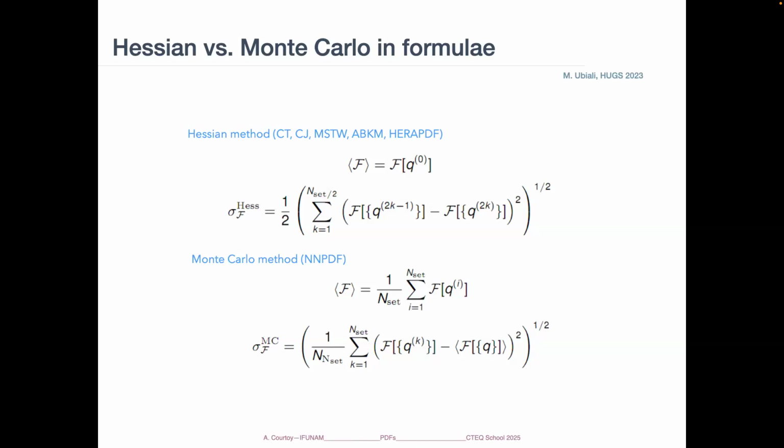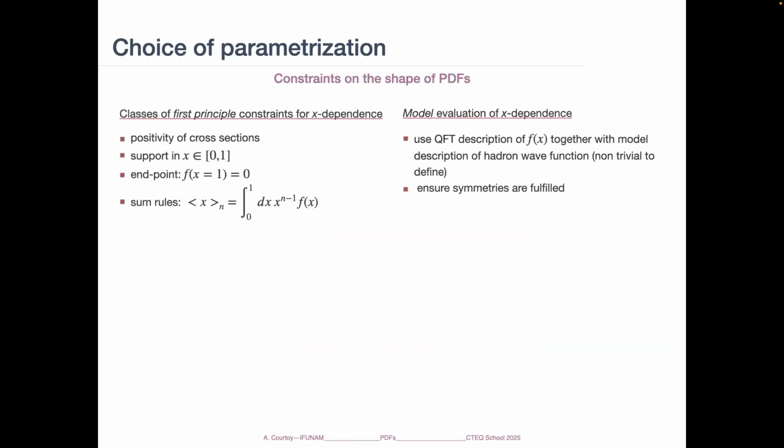In the case of the Monte Carlo, which is NNPDF, they're not the only one, but okay, and also JAM does that as well, and most of the TMD people do that as well. Then you can define the central value as an unweighted average, which is not a solution of the problem. It's just by definition, a definition of something. And then you can take the uncertainty of the Monte Carlo, or you can play with just the set, and see what you can do.